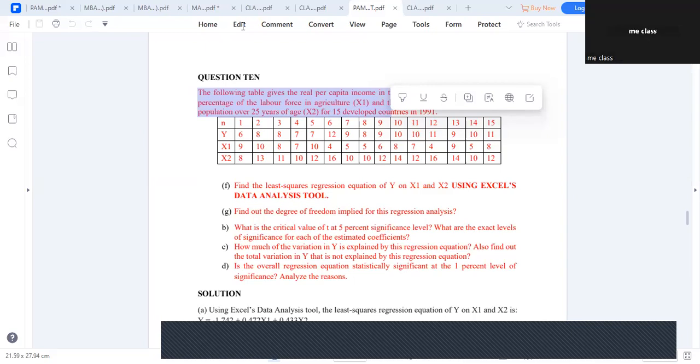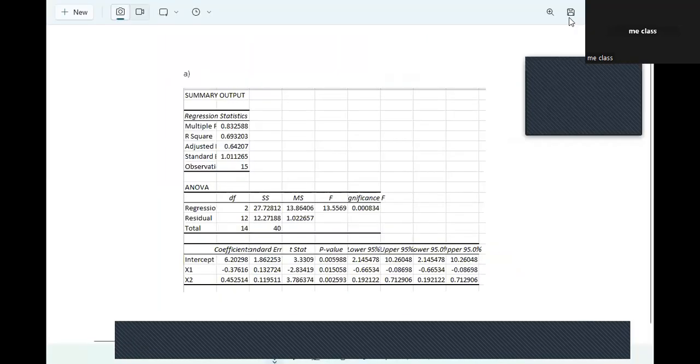Now, the same data that we have here was inputted in Excel, and the following was the result. So I'll take you through how to interpret this result.